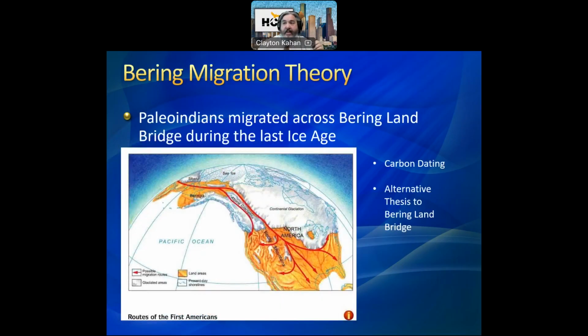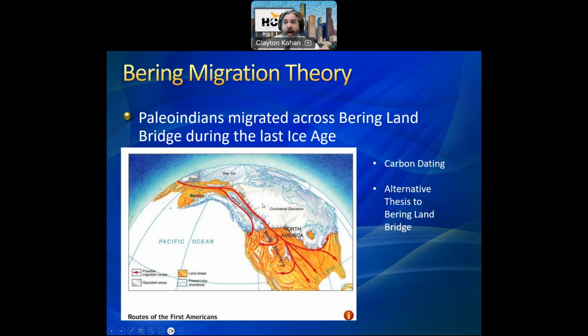The most popular theory, I shouldn't say the biggest theory, is that they came across the Bering Straits, or where the Bering Straits are today. Okay, and as you can see, if you look at this map on the screen, you can see just how enormous this area actually was. It's all iced over during that last ice age.